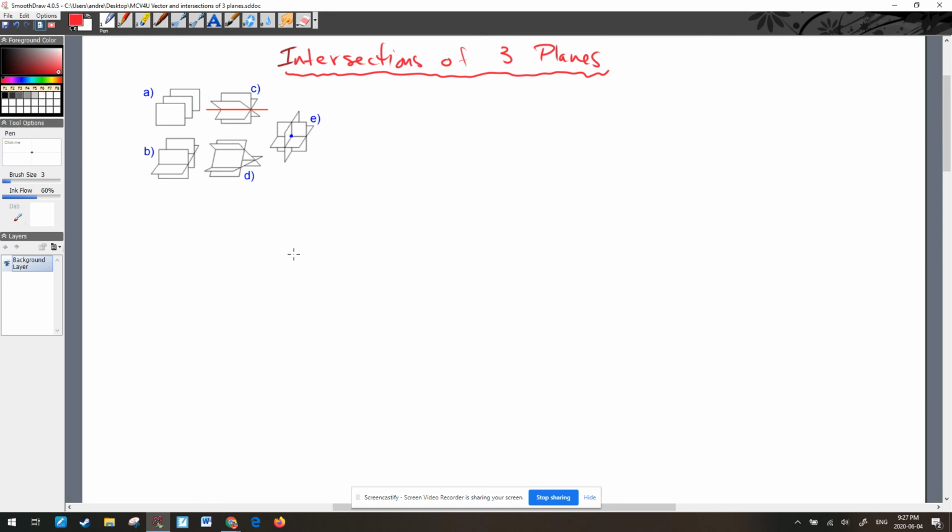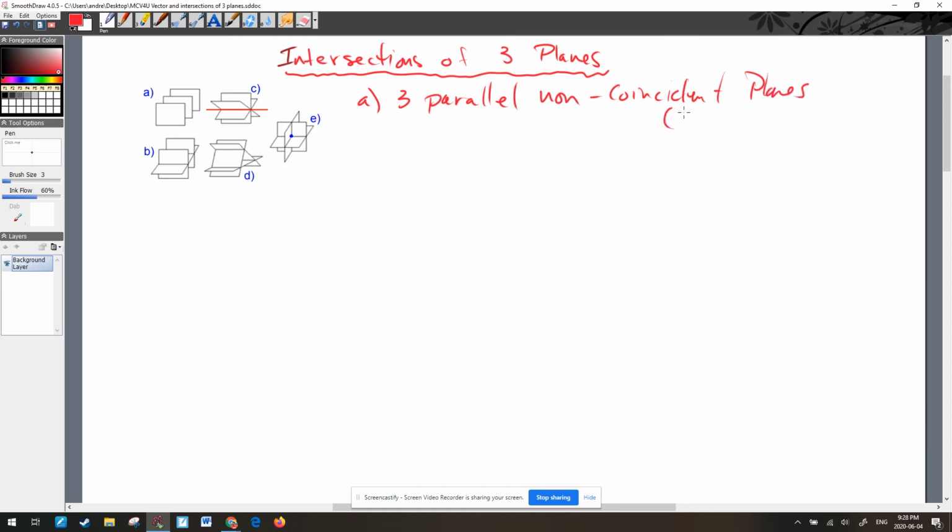Okay. So we could have 3 parallel non-coincident planes, which means that there's just 3 planes in the same orientation, but non-touching. So case A is 3 parallel non-coincident planes.